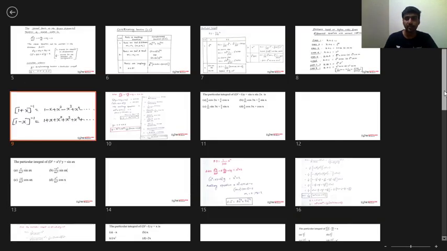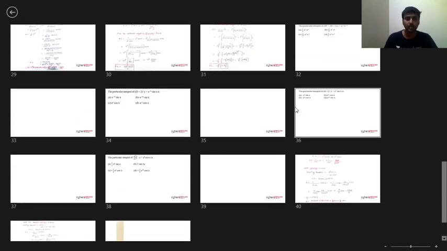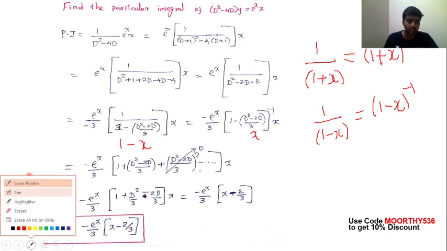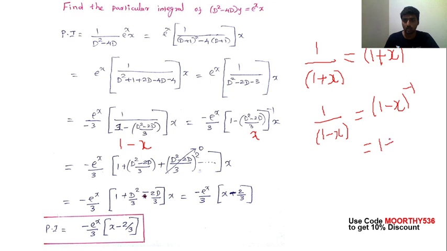Then as per this formula, we have to expand it. Coming to the explanation, the formula is 1 plus x plus x square plus x cube, and so on. How are we expanding this binomial expansion?